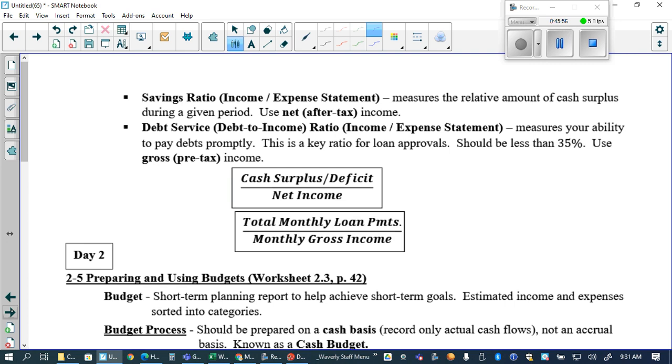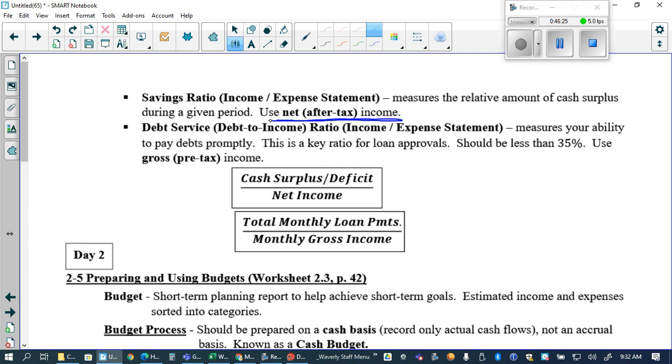So it's the relative amount of surplus you have at a given time. For that ratio, you're going to use after-tax income. So you have to take your income off the statement and subtract out the taxes. Just remember on the statement it's gross. You want to use net for this.